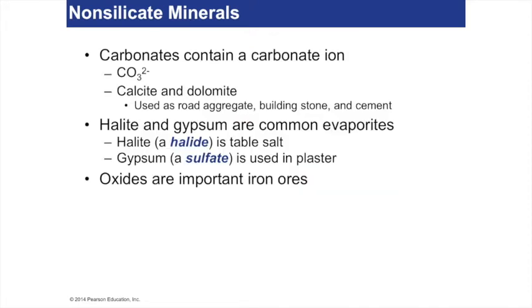One of the most economically important, if you were to look at it from how many people would sell things that they would dig out of the ground, has to do with the carbonates. Carbonates, a lot of times, would have come from seashells.